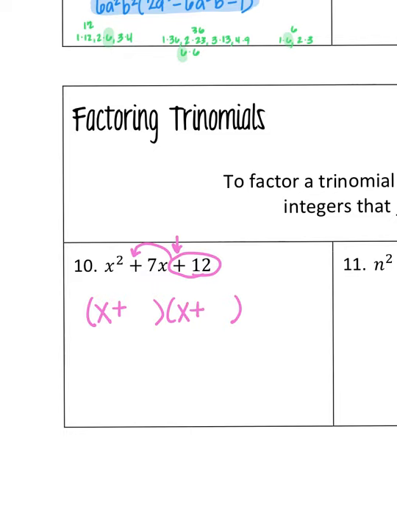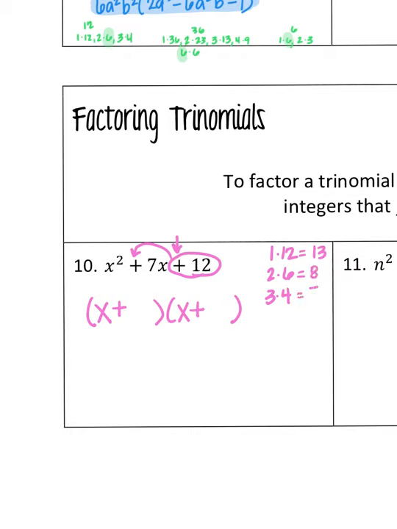Okay, so let's look at the factors of 12. I have 1 times 12. I have 2 times 6. And I have 3 times 4. Now here's what I do. I go ahead and add them. 1 plus 12 is 13. 2 plus 6 is 8.